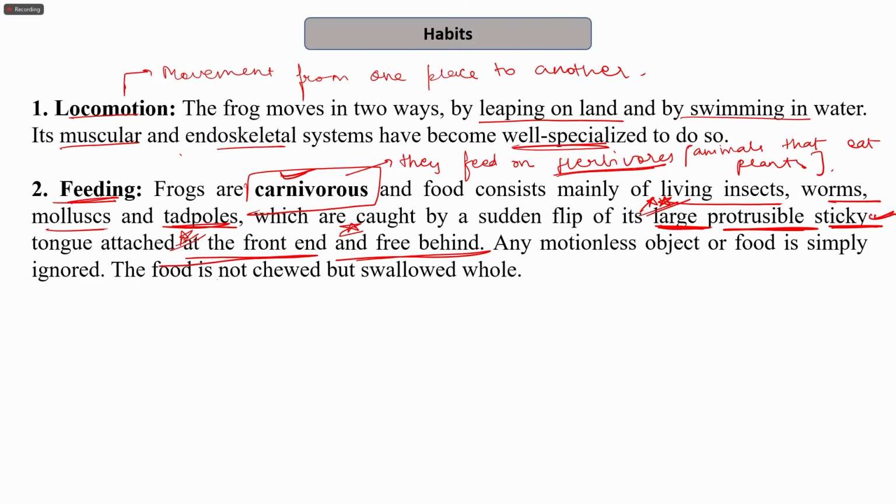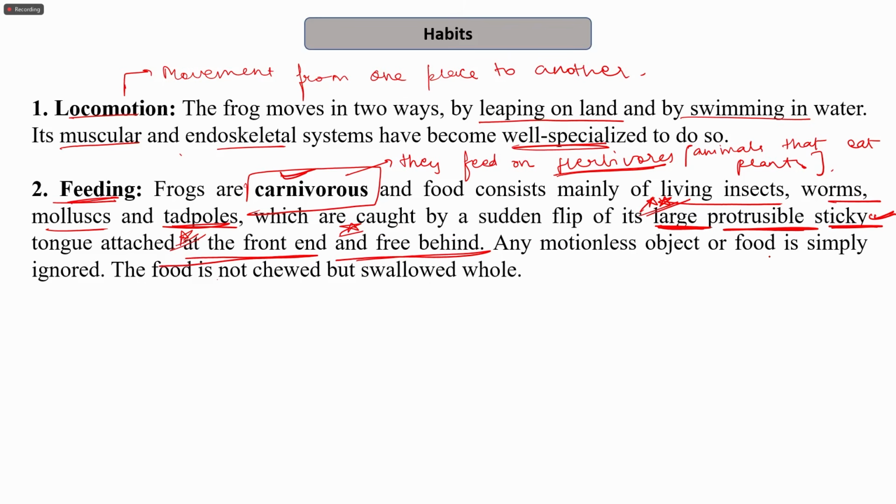So unlike humans, frogs have a tongue which is attached at the front end and free at the back end. The characteristics of the tongue are very important: a large, protrusible, sticky tongue which is attached at the front end and free behind, and this allows easy catching of the prey.